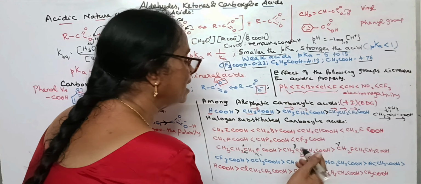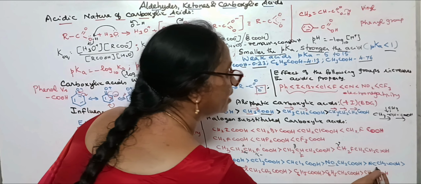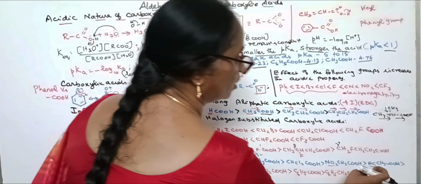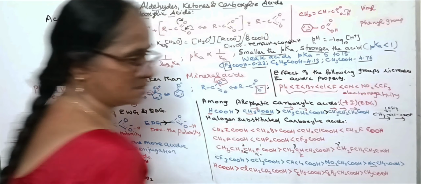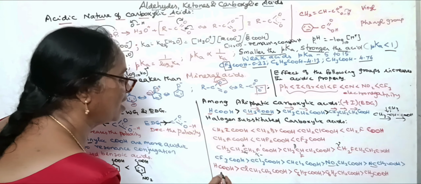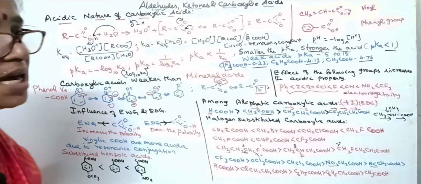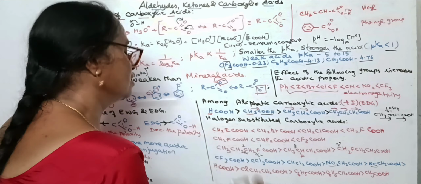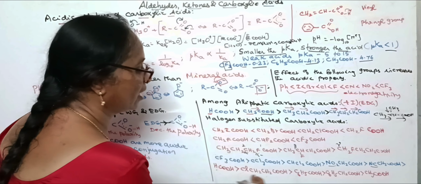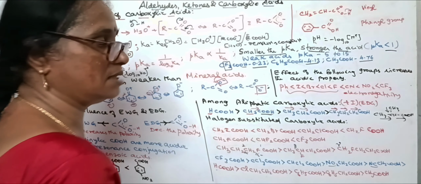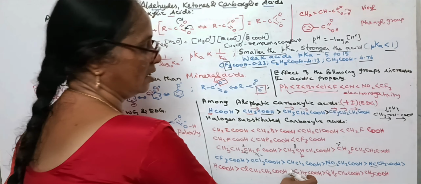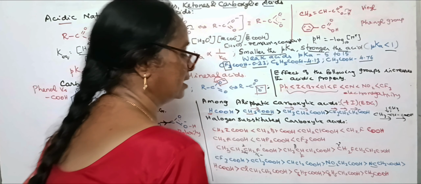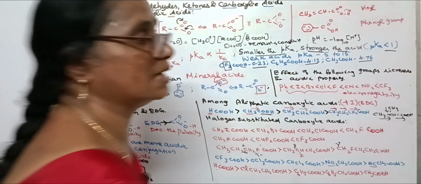So the influence of electron withdrawing groups is observed from trifluoroacetic acid to cyanoacetic acid. After that we find formic acid, which has no plus I group nor minus I group. After formic acid we can say chloropropionic acid is stronger than benzoic acid, which is then stronger than phenylacetic acid, which is then stronger than acetic acid.